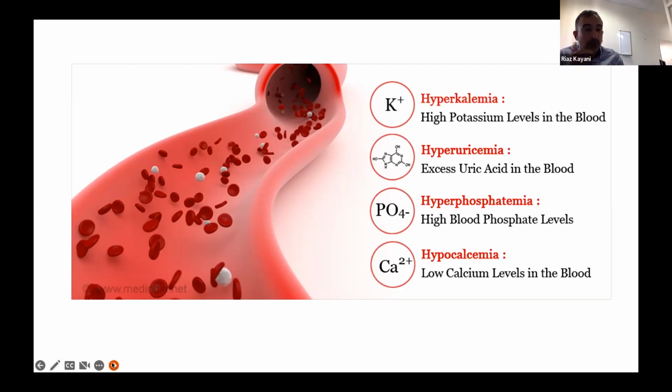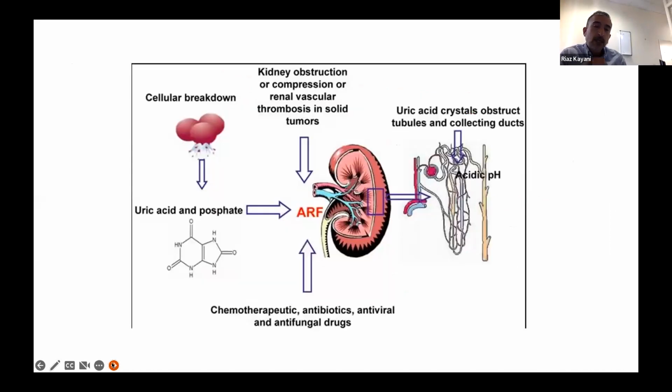In our center, we are spoken to quite early, and our involvement is relatively quick. So the cellular breakdown immediately results in the breakdown of nucleic acids, which are broken down into urate.